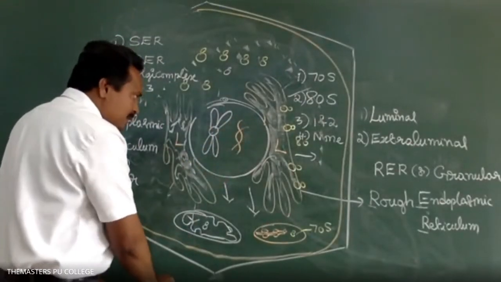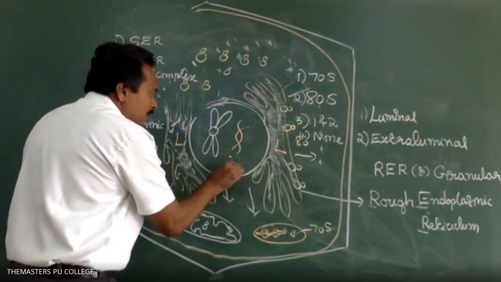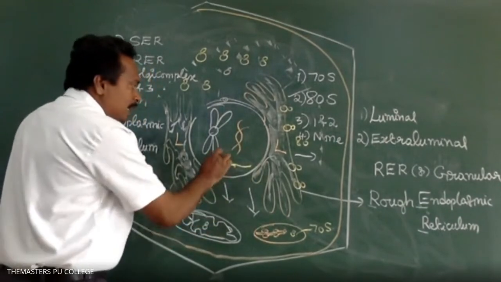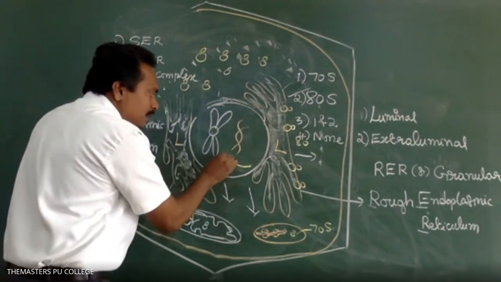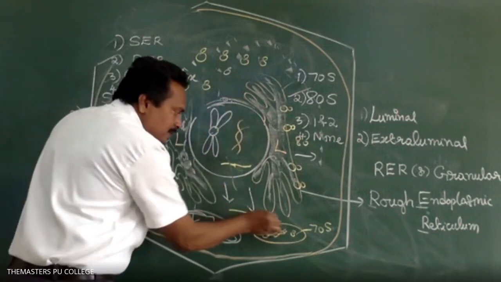DNA is involved in synthesis of the RNA strand. Later, the RNA is transferred from the nucleus to the cytoplasm of the cell. There, the ribosomes are attached to the RNA strand and involved in the synthesis of proteins. Is it clear? Okay, sir. Thank you, sir.